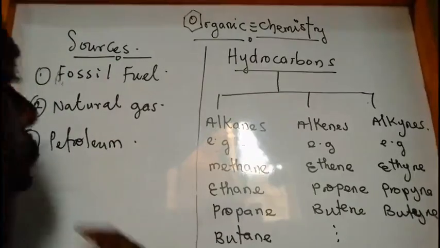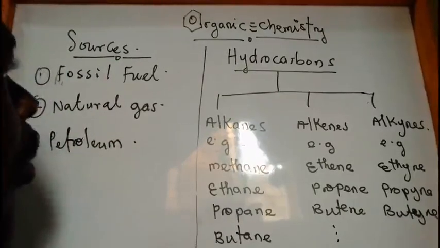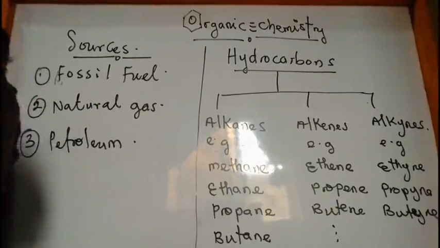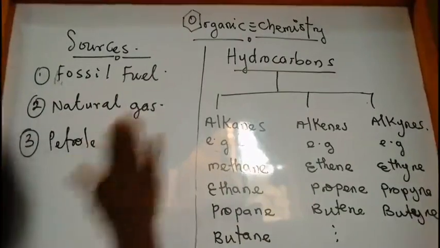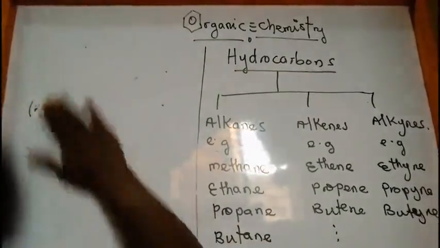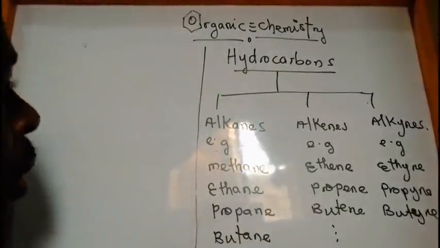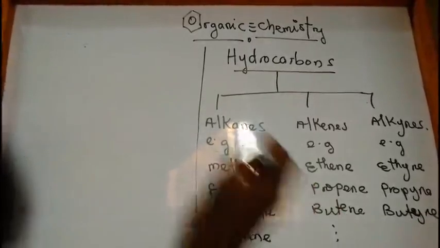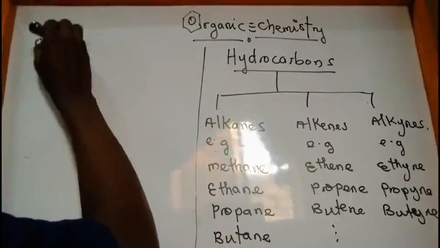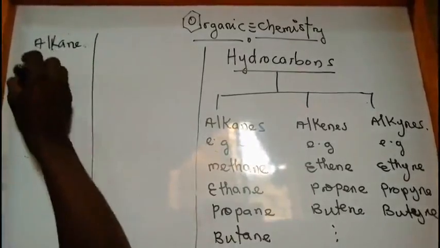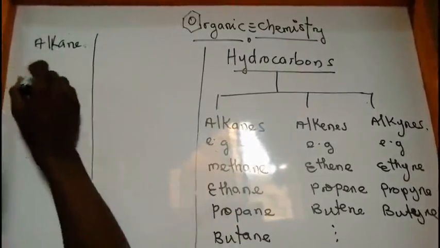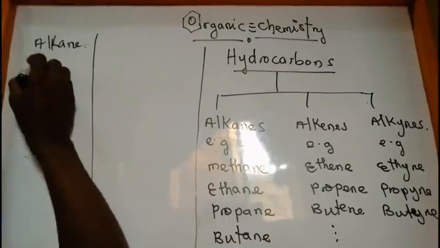So before we move on, let me just quickly conclude this aspect with some examples of alkanes, alkenes, and alkynes, and let's examine how they are drawn in their structure. For example, methane. Methane has one root word of carbon atom.